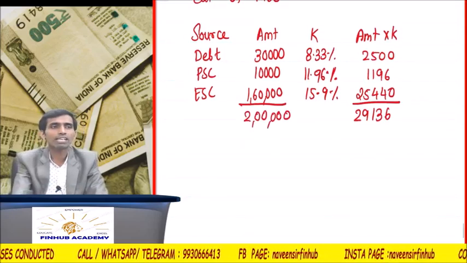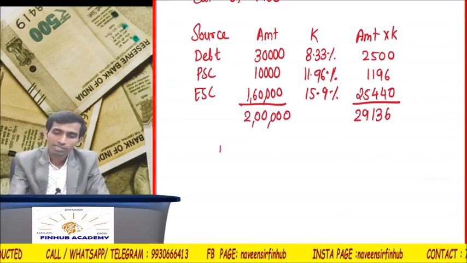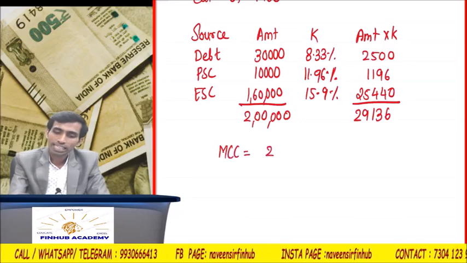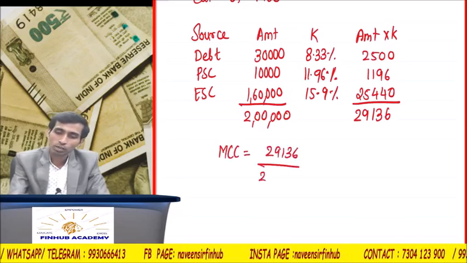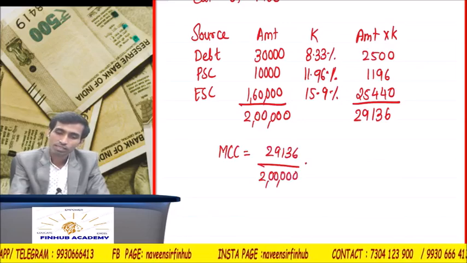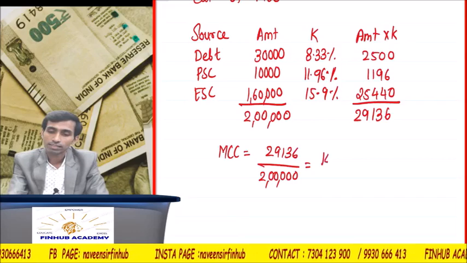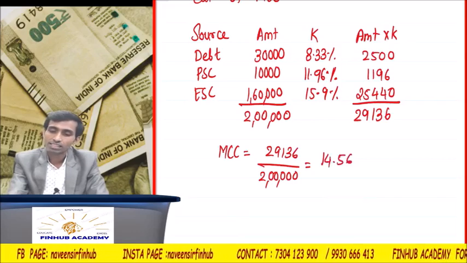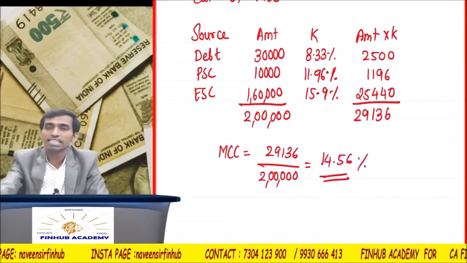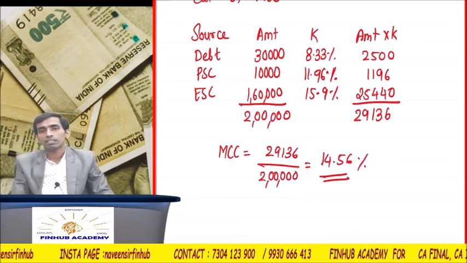Okay. Now calculate the MCC. 29,136 divided by 2 lakhs. How much is it? 14.56. 14.56% is the MCC. Okay.